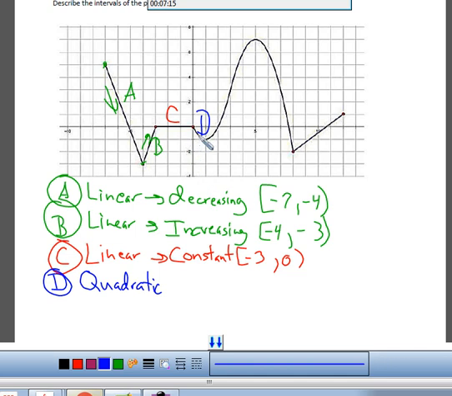Yes, it does. But with this one being below the x-axis, we're going to say it's decreasing. Arrow notation. And we'll go from, it looks like, 0 actually to 1.